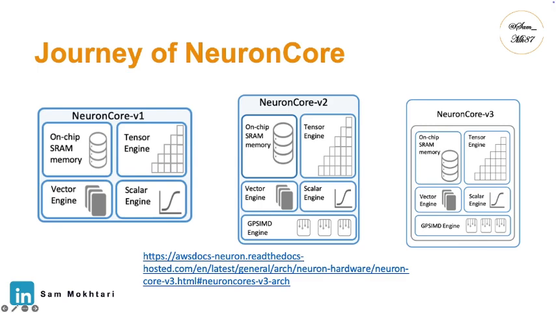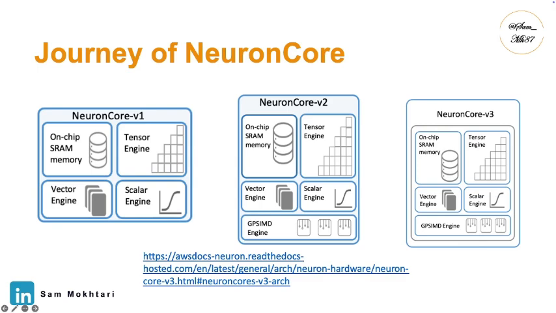Let's quickly walk through the advancement from NeuronCore version 1, which was the very first, released with the first generation of Inferentia chip, to NeuronCore version 3, which is going to power Trainium 2 chips.